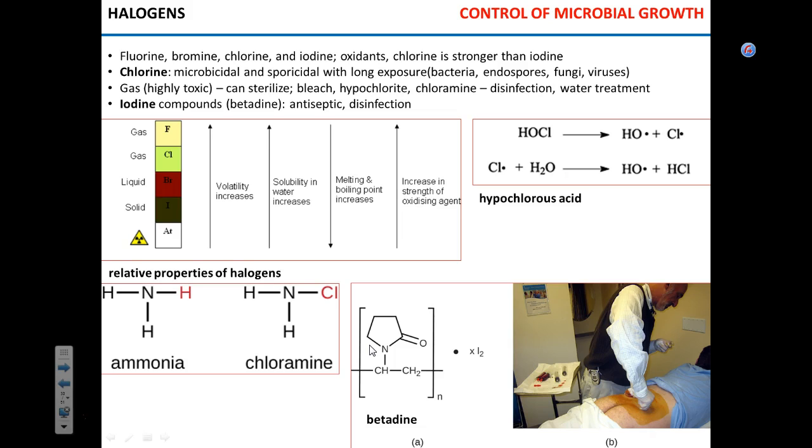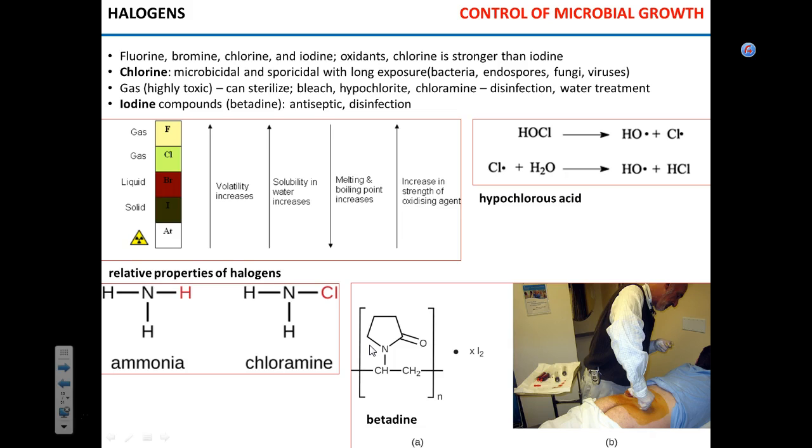When you mix fluorine and hydrogen together, for instance, they explode. You don't even have to start anything. Fluorine is an extremely reactive gas, so it's not really possible to use it. It would be the perfect sterilant because it would destroy everything, including the material you try to sterilize.